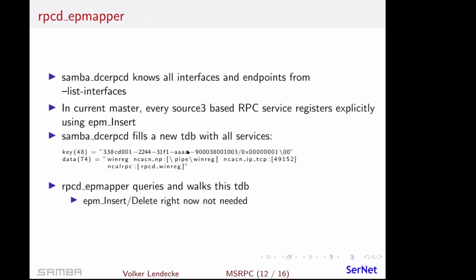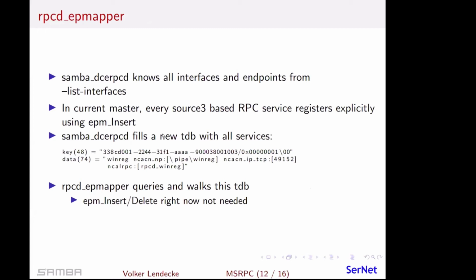Endpoint mapper. This implementation for the endpoint mapper completely changed from what we used to have. In the current master code, every RPC service registers itself using EPM insert. Here, I mean, the parent knows everything and it just fills a TDB.